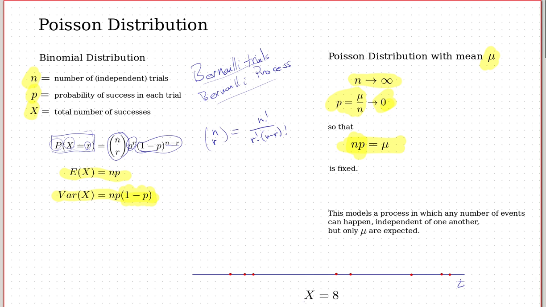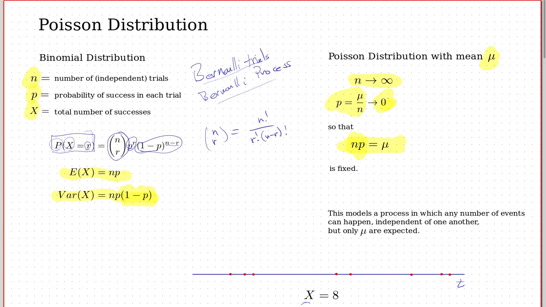The random variable x is equal to the number of events that actually occurred. In this case that I've sketched, it's equal to 8. But in principle, an event could happen at any point in time, but only finitely many will ever happen because the probability of success is so low for an individual event.